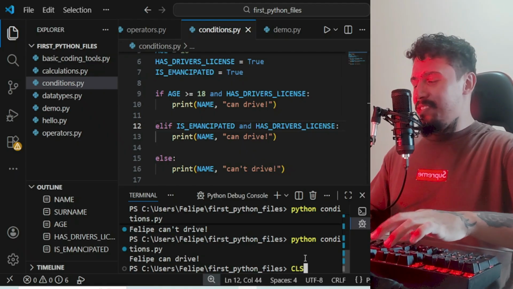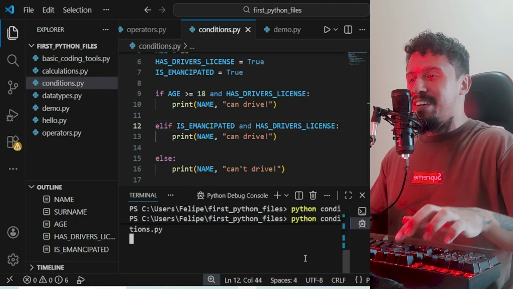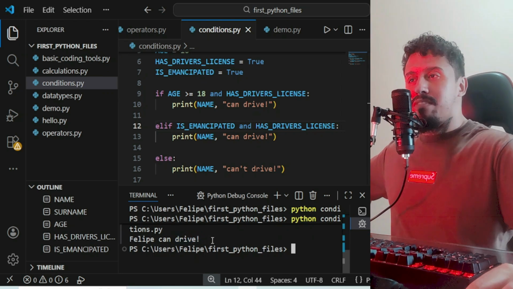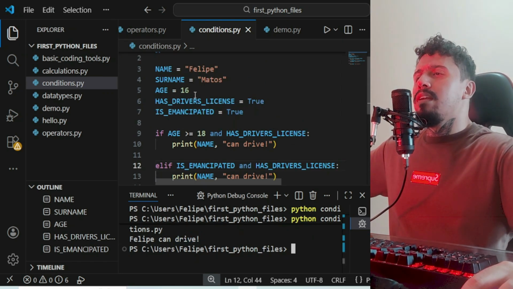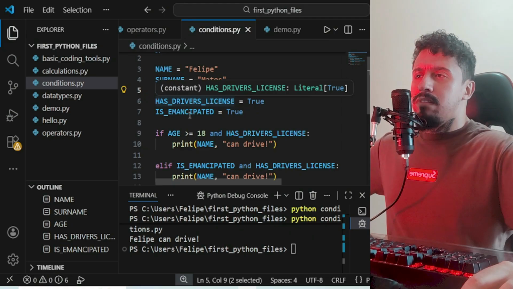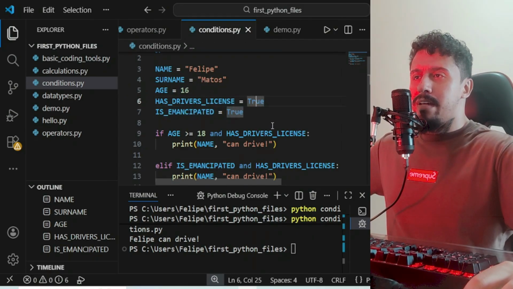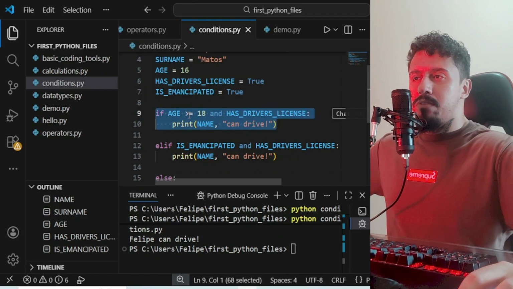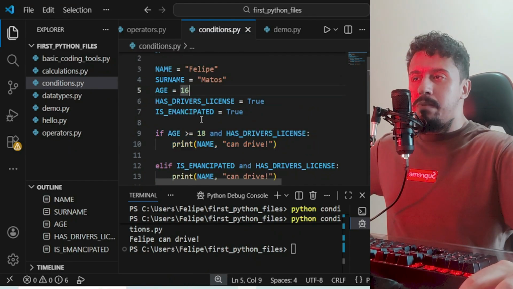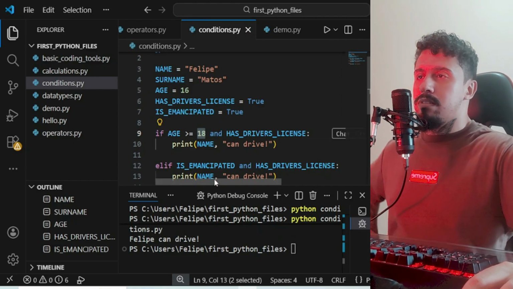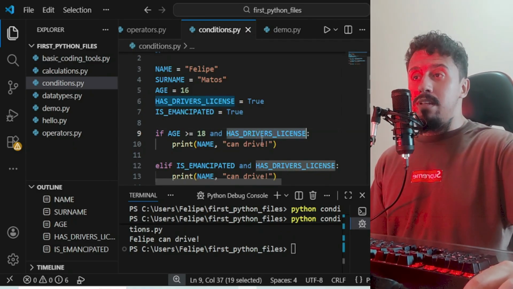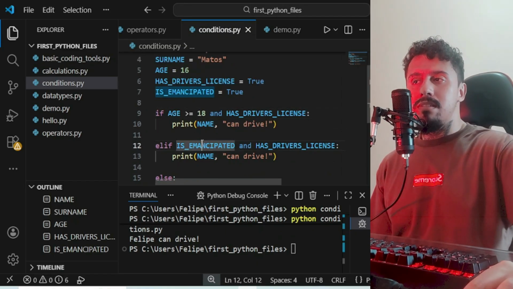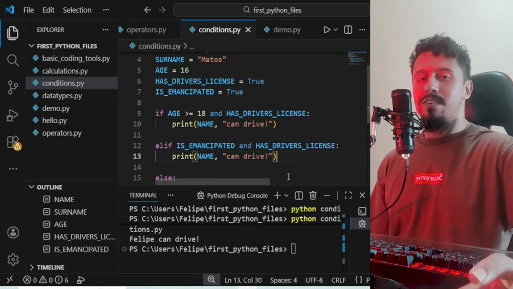Let's clean this terminal. Let's run this file, and Felipe can drive. So let's see here. Felipe is 16. Felipe is emancipated, and Felipe has a driver's license. So probably this scenario is true, right? Because Felipe is not older or equal to 18, but is emancipated, and has a driver's license.